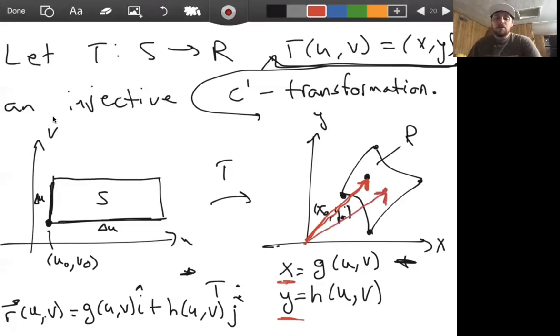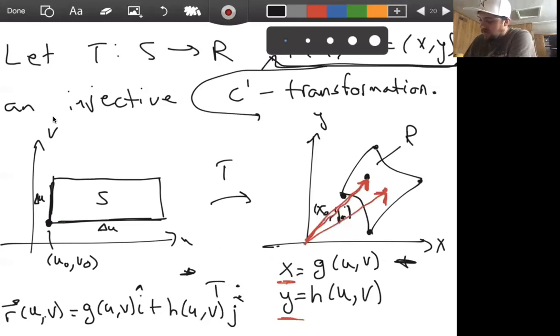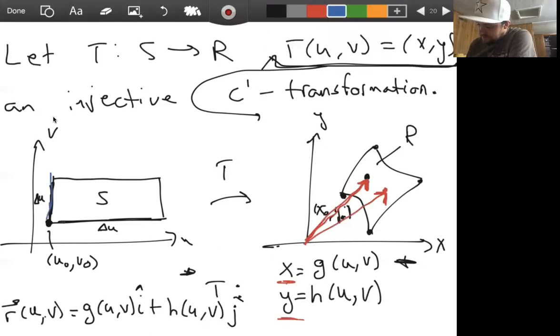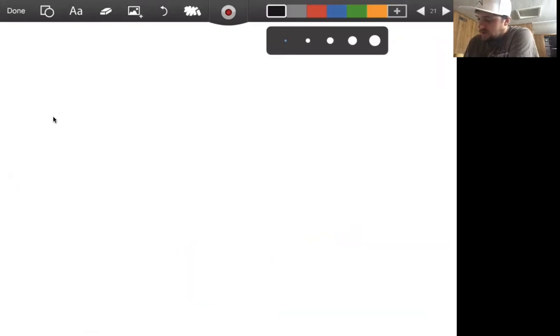And now we want to talk about the derivatives of this position vector. And to do that, let's look along a few particular lines. We can start along the line V equals V naught.